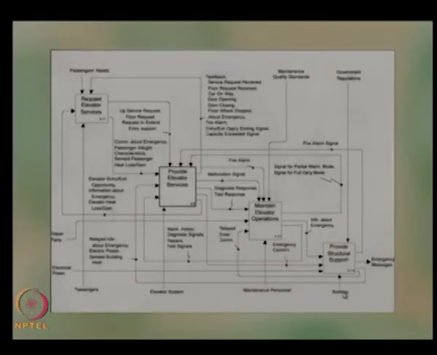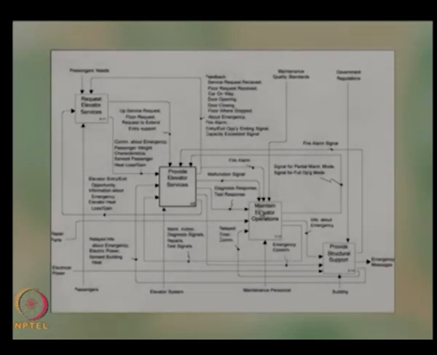As you can see, the function of the building is basically to provide structural support, and that is regulated by the government regulations, and then emergency messages need to be given by the building for emergency situations. And then again there is interaction between the building and the maintenance personnel.